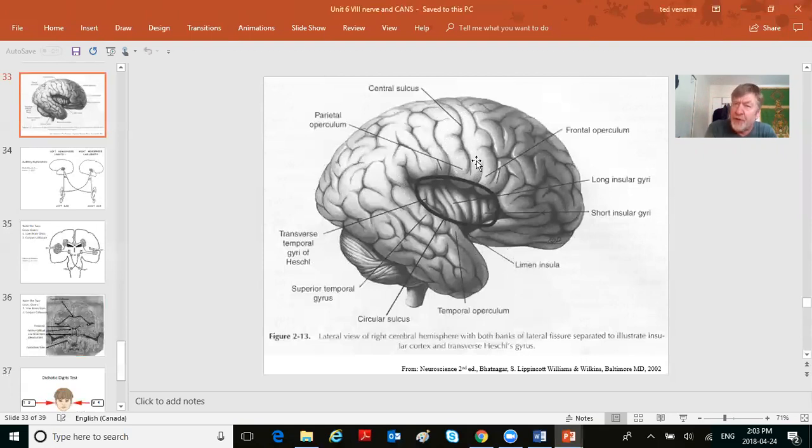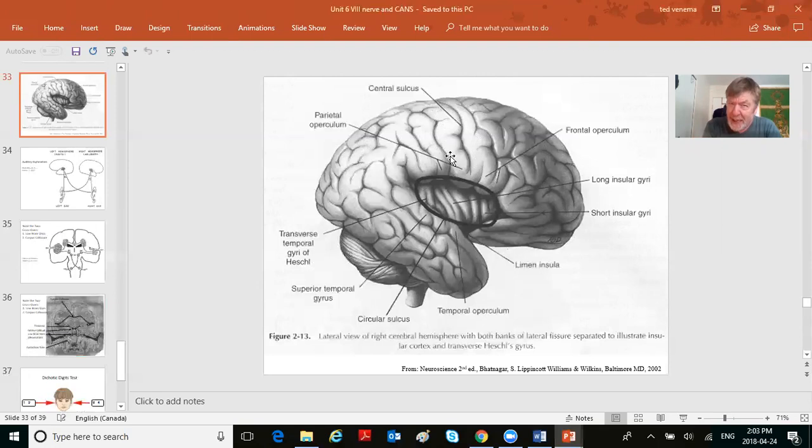Now the motor strip represents all the muscles of the body. The legs, the arms, all your torso, all muscular movements of the body, and the bottom of it controls your mouth. The top of it controls your legs, and the middle part controls your arms.